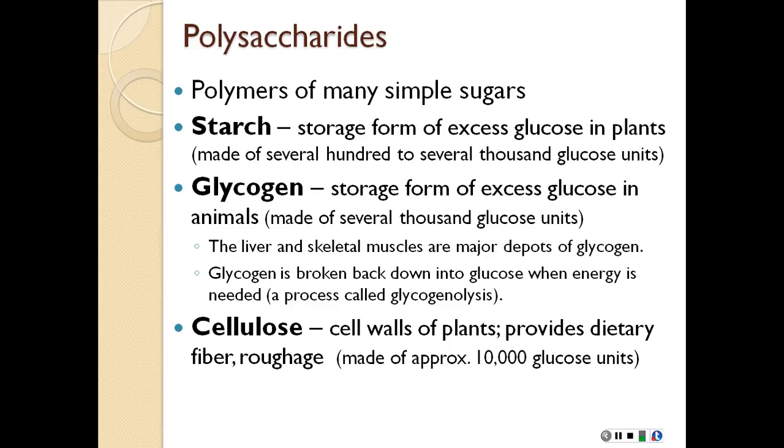Fiber pushes everything out. Okay? And you'll see that that's important because with buildup of materials in your digestive system, we have bacteria that start acting on those, and they produce toxins, and we need to get that out, especially things like red meat just sitting in your colon. There's evidence that they can produce cancer. So fiber, roughage is good because it pushes all that stuff out so it doesn't sit in the walls.